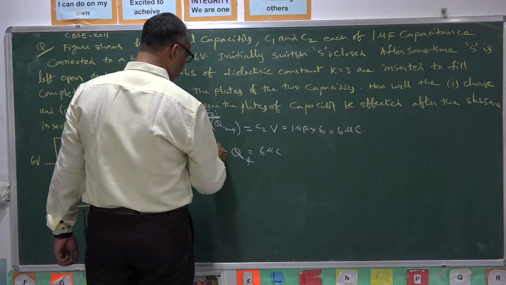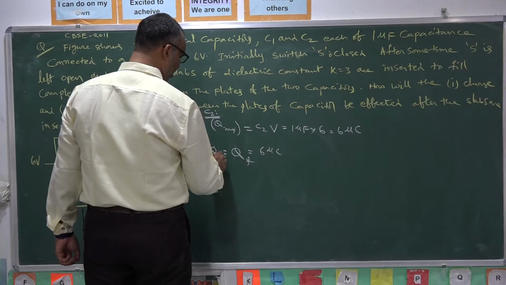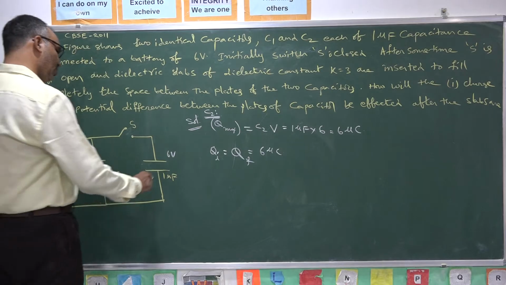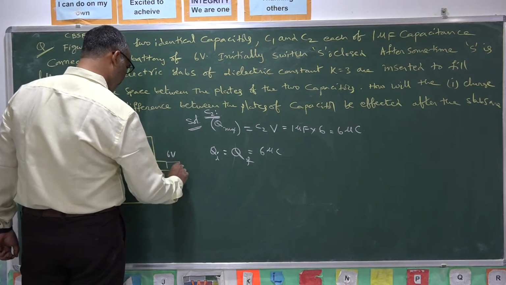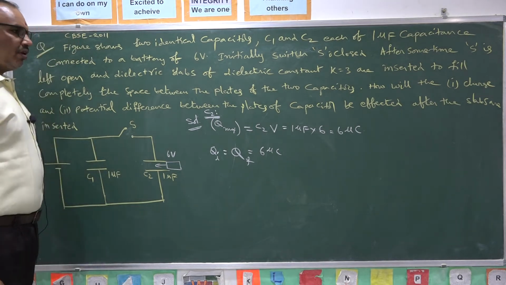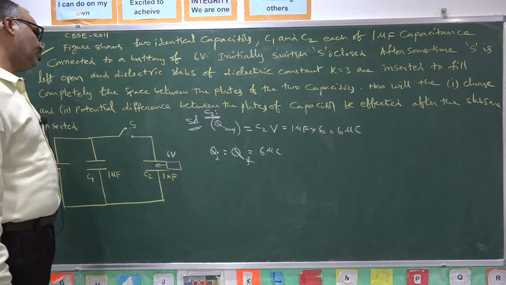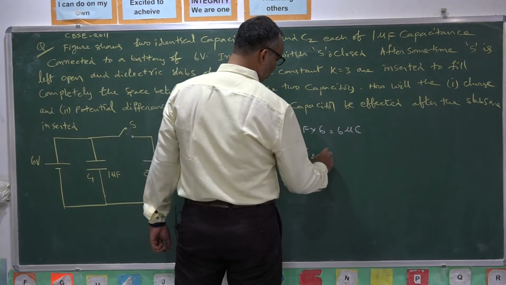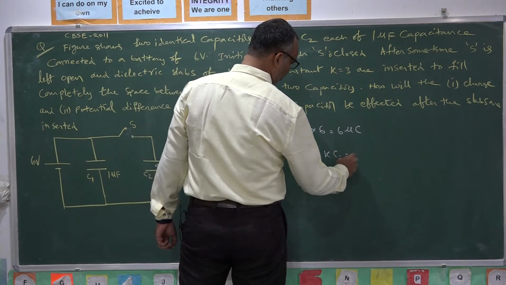Charge is not going to change its value. But due to the insertion of dielectric completely between the plates of the capacitor, the capacitance increases by K times. So final capacity becomes K times of initial capacity.